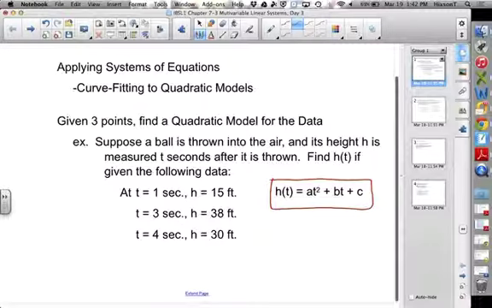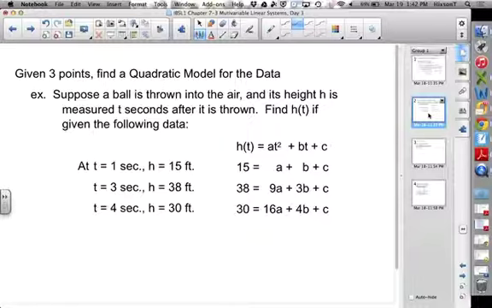Here's what we're going to do. We actually know what t and h of t are at 3 times throughout the flight of the ball. So we're going to plug in 1 for t and 15 for h. That's going to give us one of our equations. If I plug in 1 for t, I get a times 1 squared is a, plus b times 1 is b, plus c, and that equals 15.